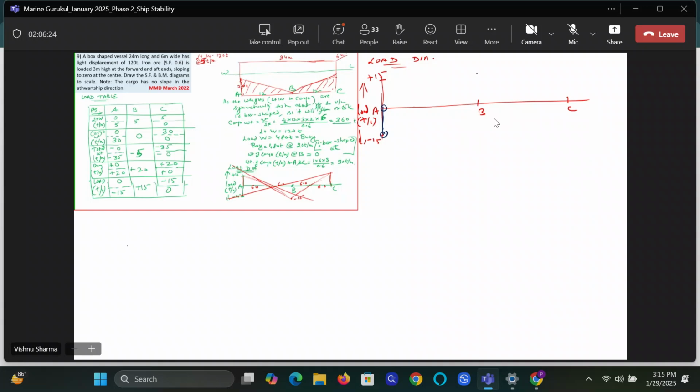Then it goes +15. And then it goes to -15 here. I hope I'm now correct, right, Peter? We'll have this.